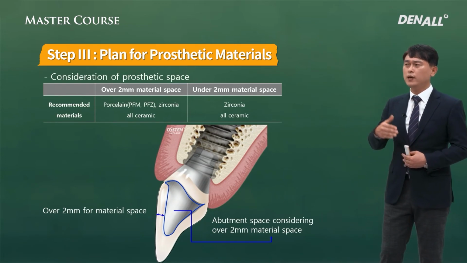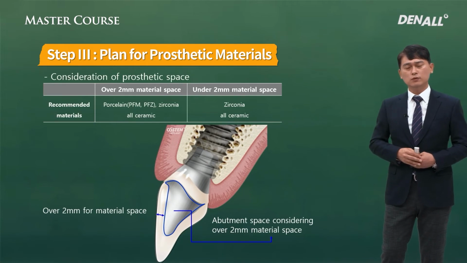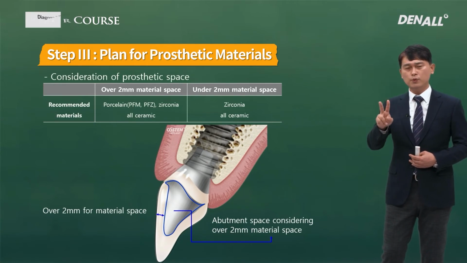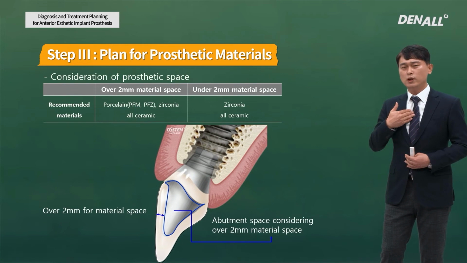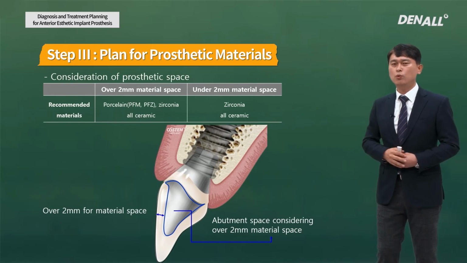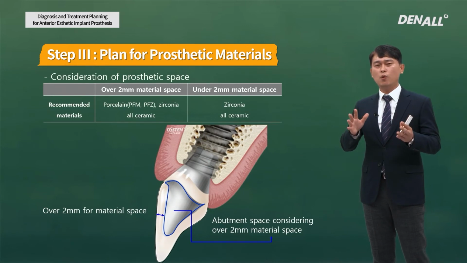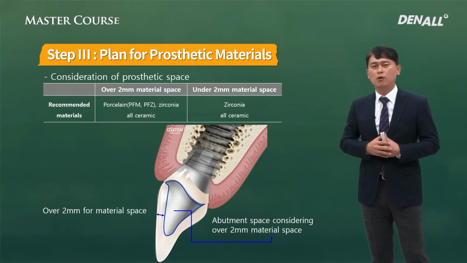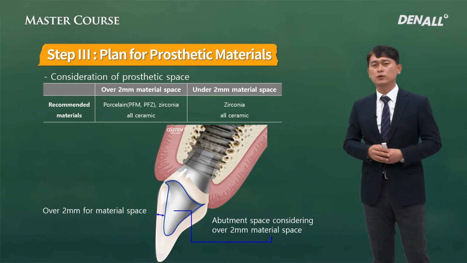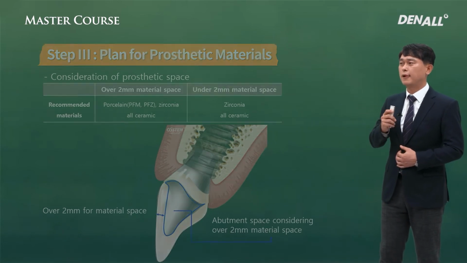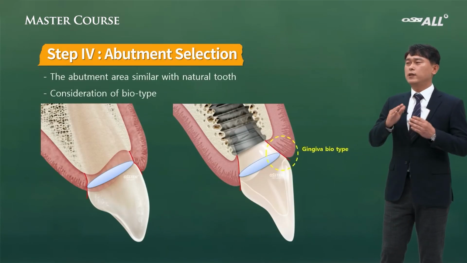Some people still use porcelain veneer. If you do this, you need 2 millimeter. If you use monolithic zirconia, 1 millimeter is sufficient in providing restoration. This 1 millimeter of space is utilized for custom abutment space to get better emergence profile. You need to choose abutment.